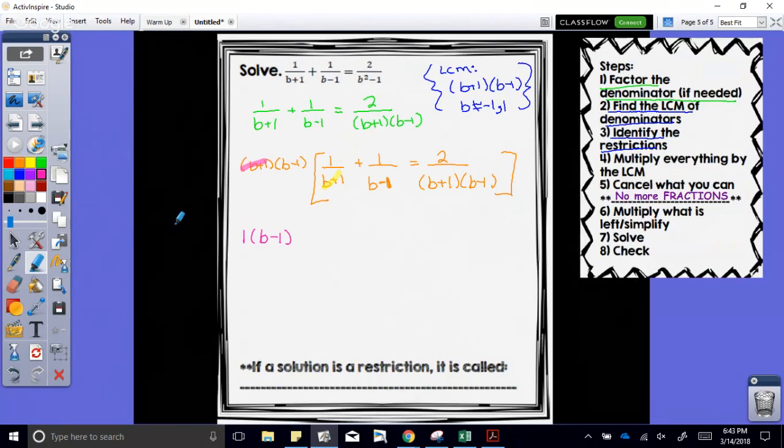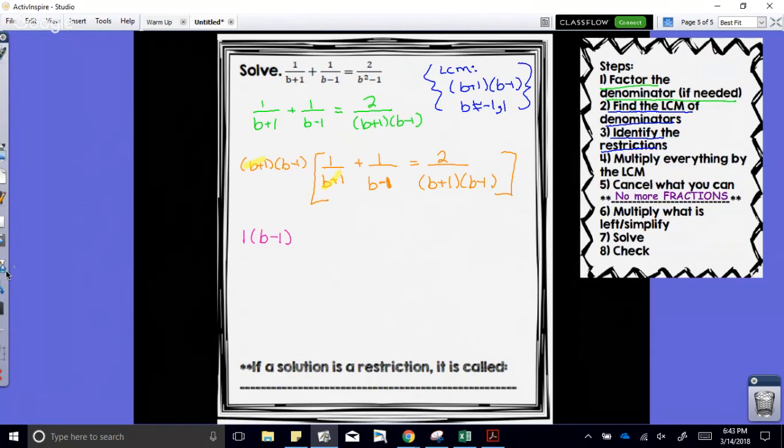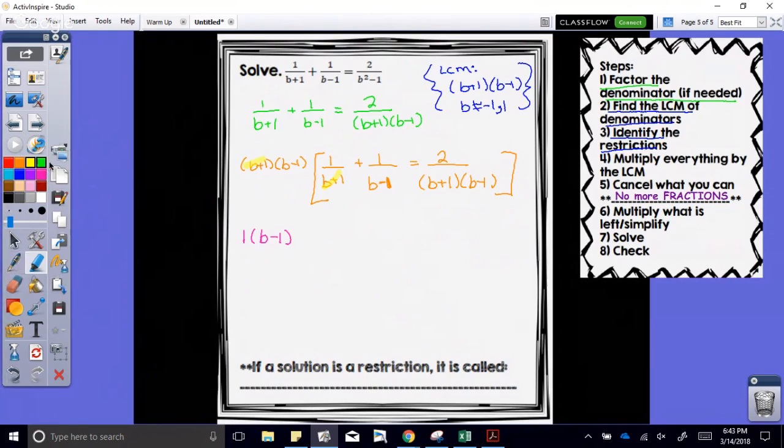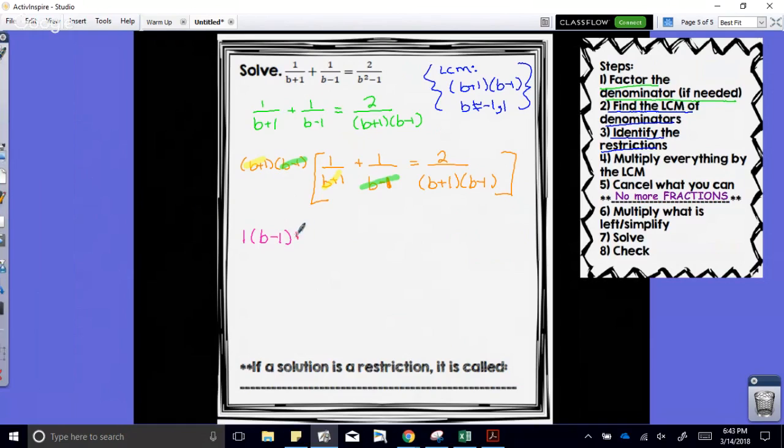I'll show again, the b plus 1s will cancel in that first piece. In the second piece, the b minus 1s will cancel, so what I would be left with is a 1 times b plus 1.